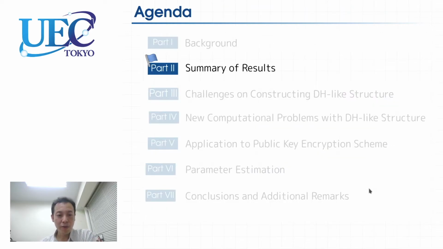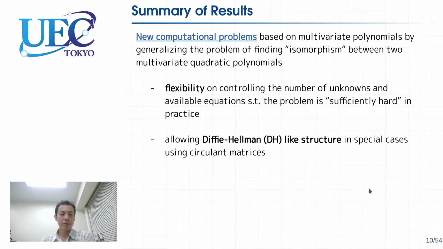Before we go forward, I want to summarize the results of my paper. In this paper, we propose new computational problems based on multivariate polynomials by generalizing the problem of finding an isomorphism between two multivariate quadratic polynomials.